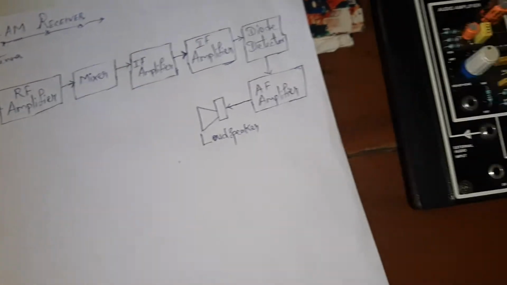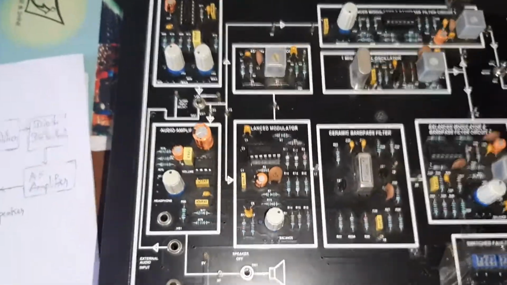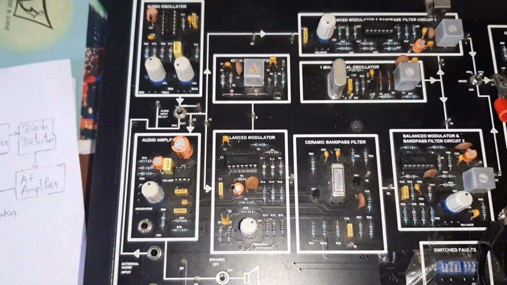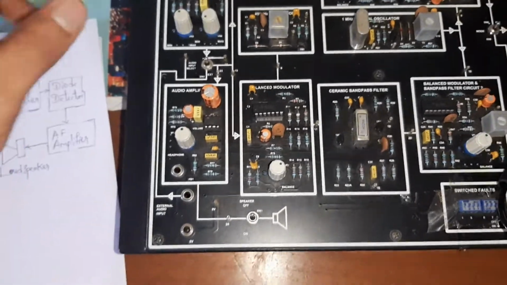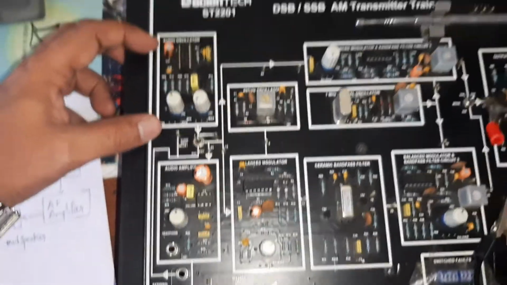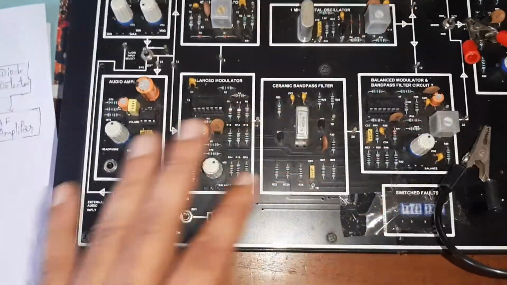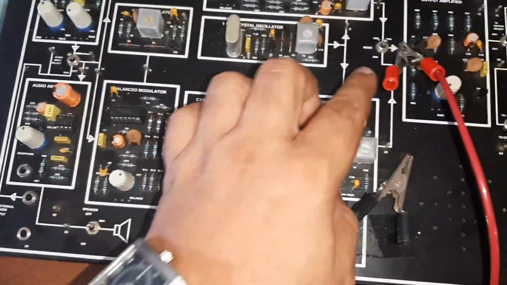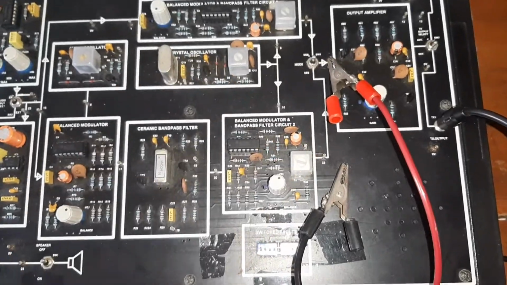Now the concept is, as in the previous experiment on the double sideband amplitude modulation transmitter, with the help of an audio oscillator we provide our input signal. With the help of all these blocks, we can observe the amplitude modulation output.